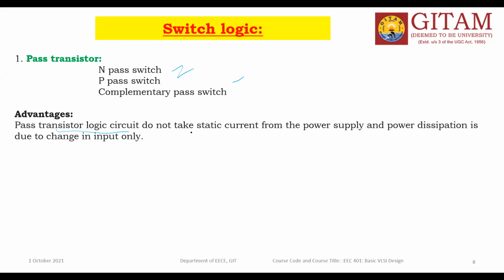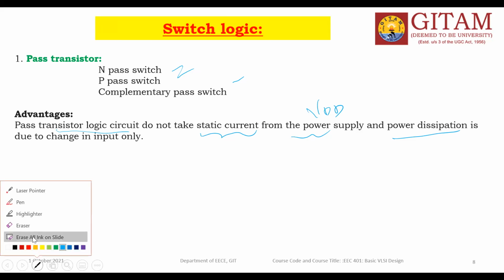So there is no static current derived from the power supply VDD. Power dissipation is only due to the input change, not due to current flowing from the supply VDD to the ground. That is the advantage. Pass transistor logic is very advantageous because the power consumption is less.